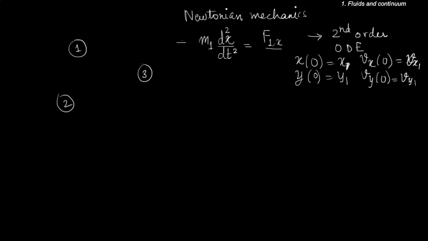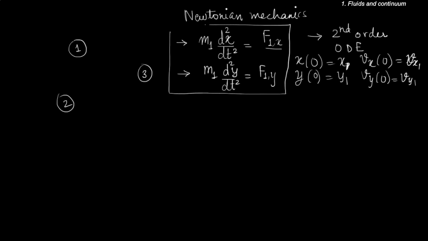Actually, this is the x direction Newtonian equation, but we will also have the equation in the y direction. So d2y/dt2 is the acceleration in the y direction, and this will be equal to the force acting on particle 1 in the y direction. So this is in two dimensions the governing equation for the first particle.